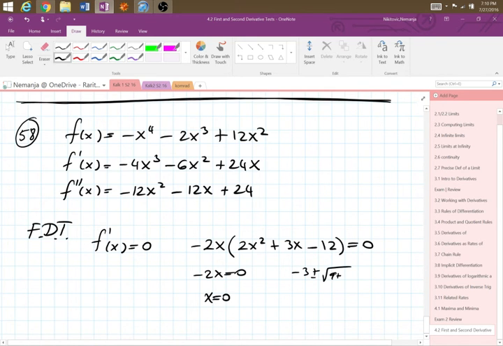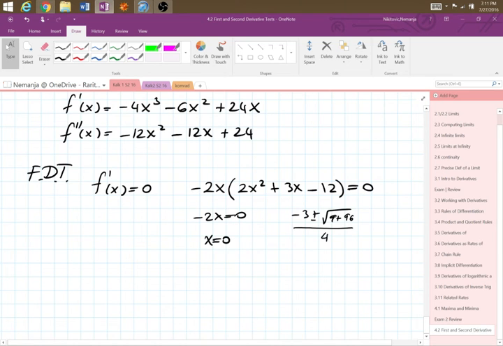So 4 times this is 48, so 96, divided by 4, and 96 plus 9, that's 105. There's no whole number square root of that. So negative 3 plus or minus square root of 105 over 4.